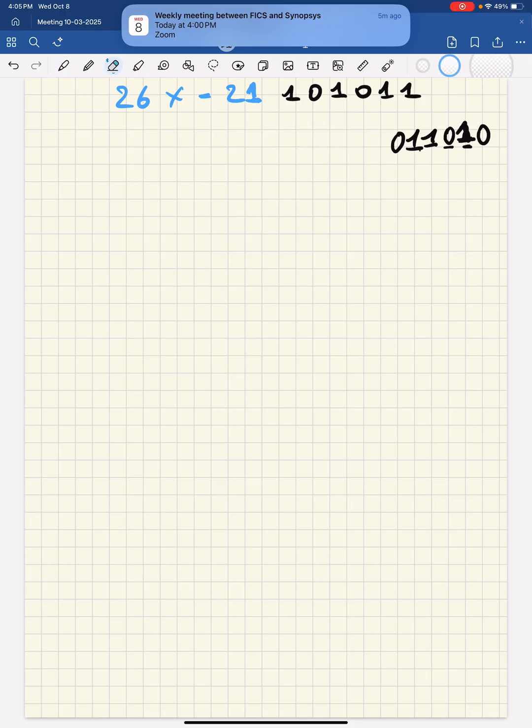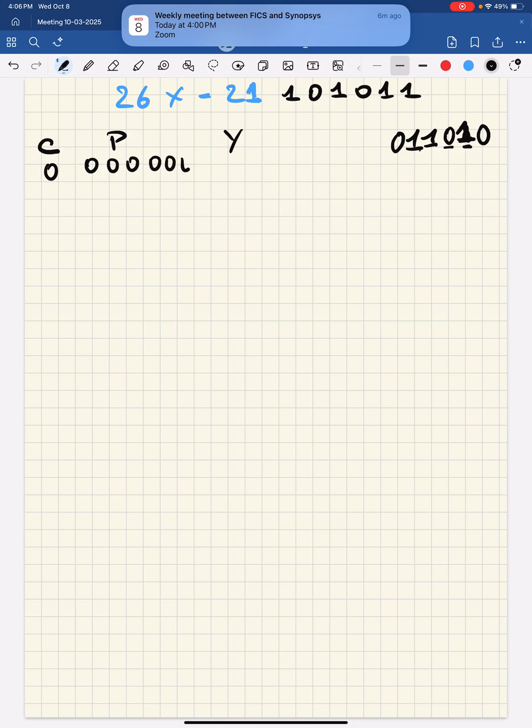I'll put my C as usual, the P, and then the Y. Here the C is 0. We start with the 26, which is going to be on 6th position. So we have 0, 0, 0, 0, 0, 0.